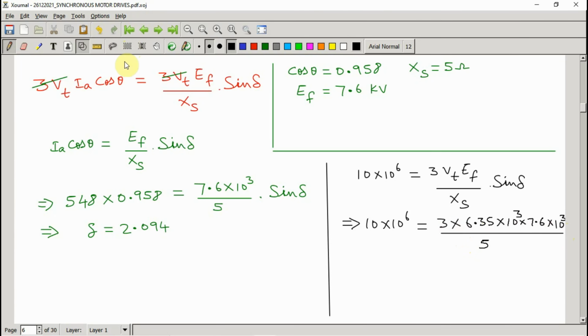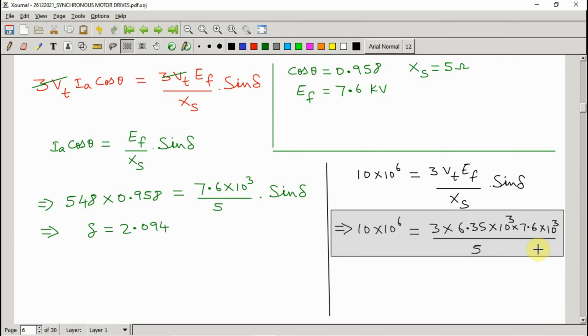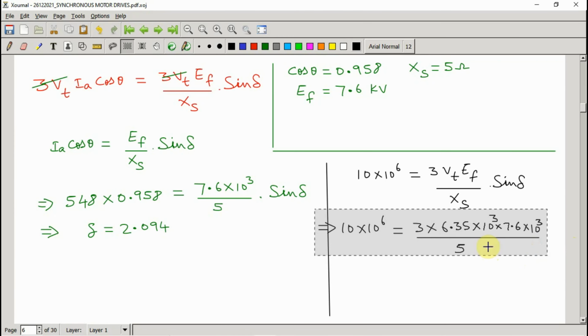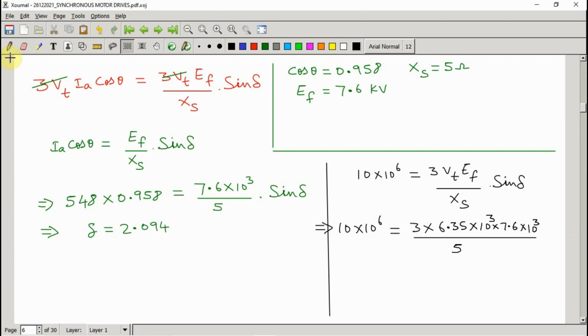So this thing will be multiplied by sine delta. What do you see? The 10 to the power 6 gets cancelled from both sides, and you have here 10 into 5, that means 50.